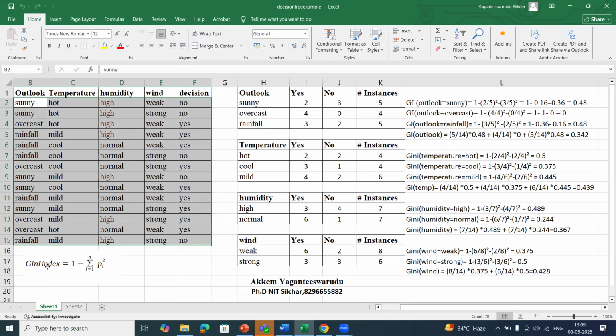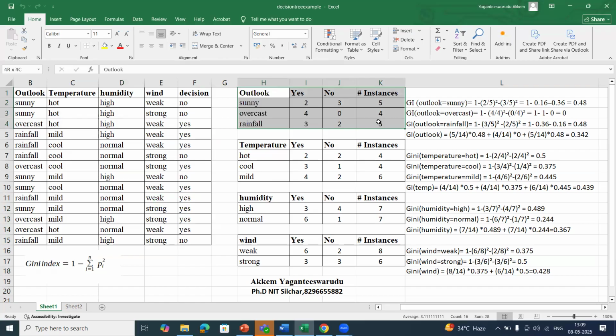So as we know, the formula to calculate the Gini index is 1 minus summation of i equal to 1 to n, p i square. So first I need to find the probability for each individual feature value, and finally I need to calculate the Gini index like this. So see here, I have prepared separate tables for each feature. So outlook, temperature, humidity, and wind.